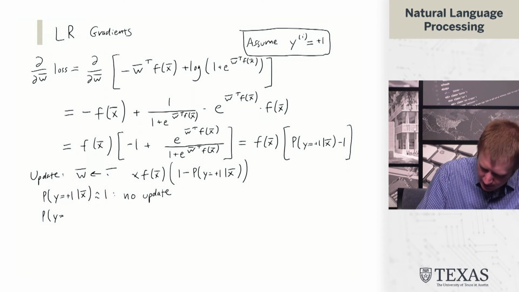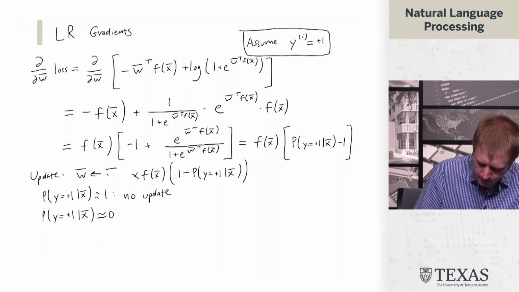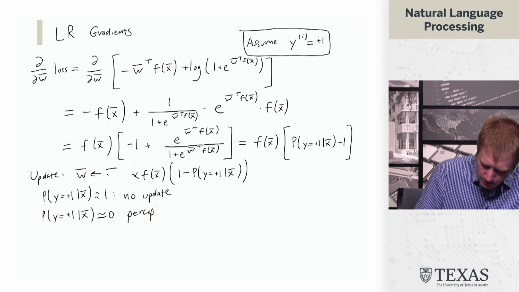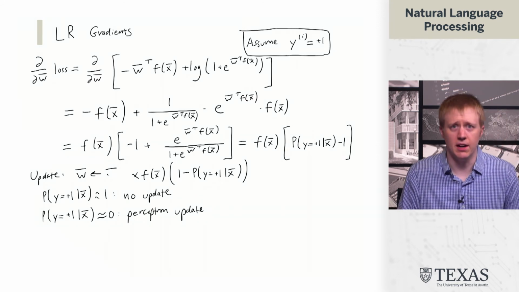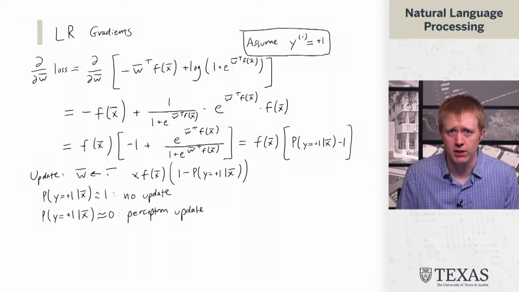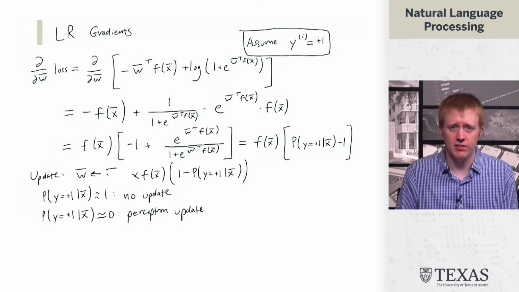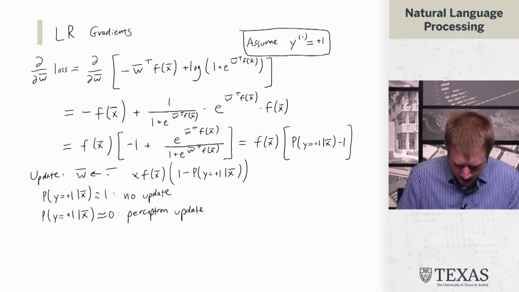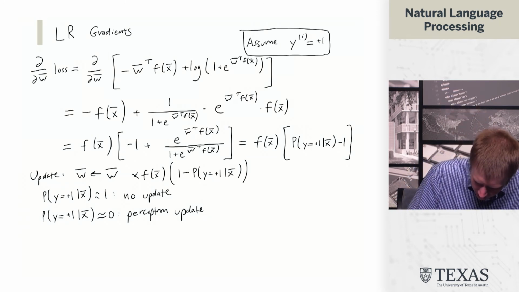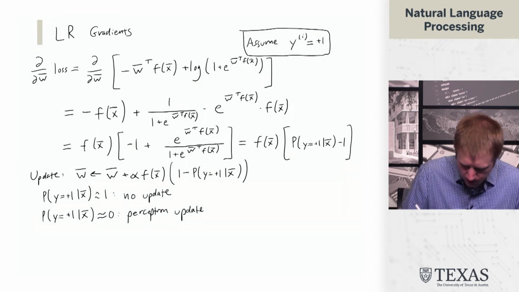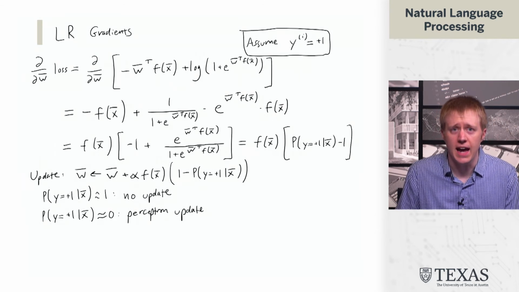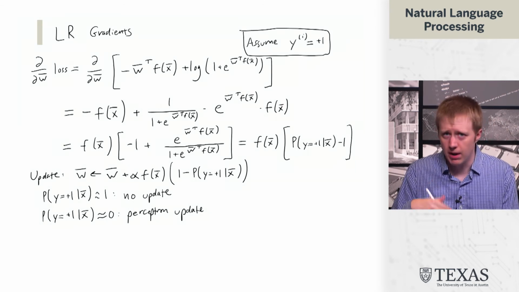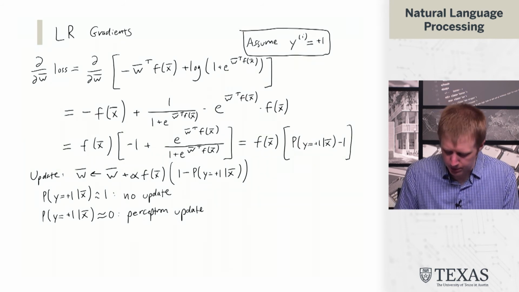What if instead this is very close to 0? Then we recover, again, like I was saying, the perceptron update, right? Because this 1 minus p of y equals plus 1 term essentially takes the value of 1 and the update looks basically like the perceptron update from before.